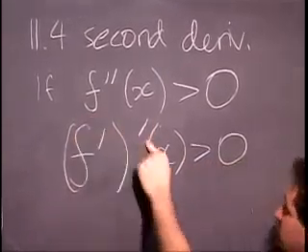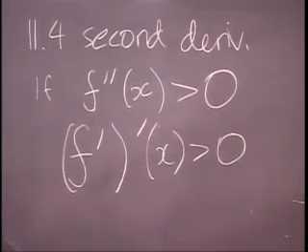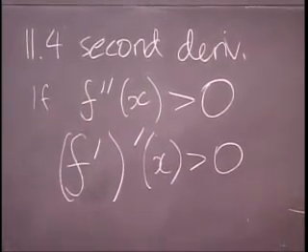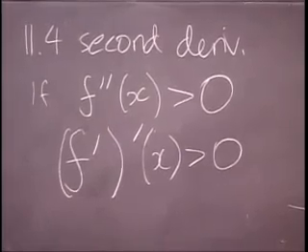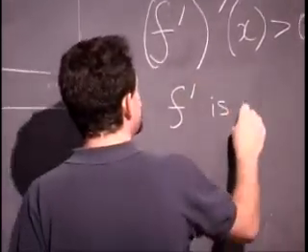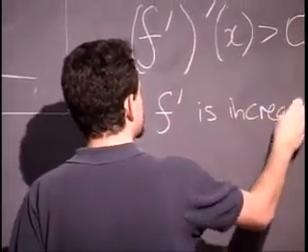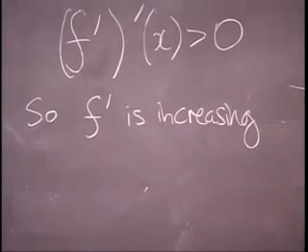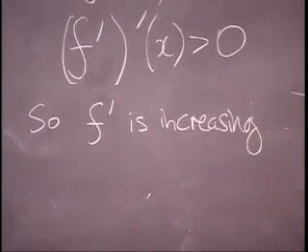So f prime's derivative is positive. And what did we just decide it means if the derivative of something is positive? It's increasing. So f prime is increasing. If the second derivative is positive, the derivative is increasing.